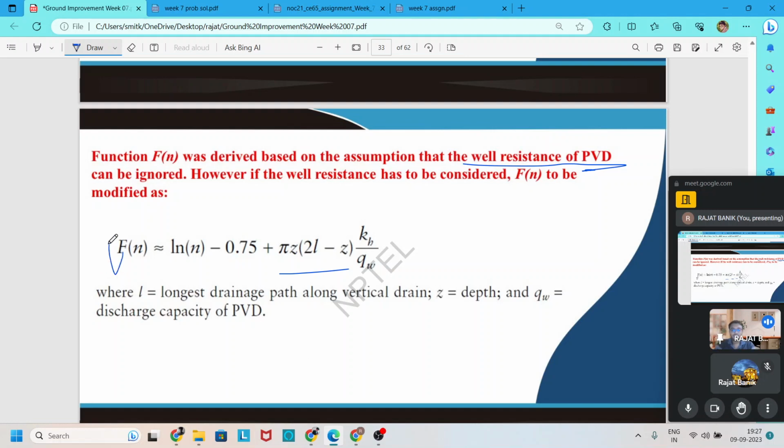So we modified our formula like that. This formula is used when we assume there is well resistance in the prefabricated vertical drain. But if the discharge capacity of the drain is very large, then this part is neglected and we consider the previous one only, that means ln n minus 0.75.